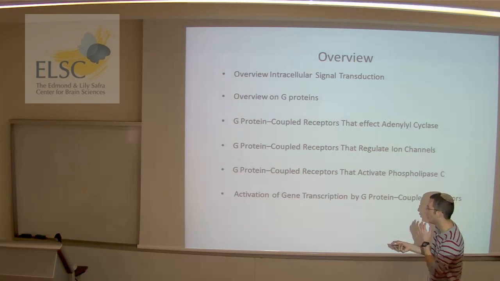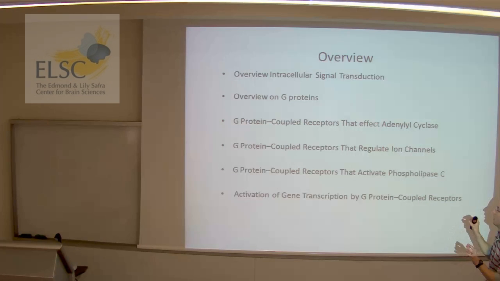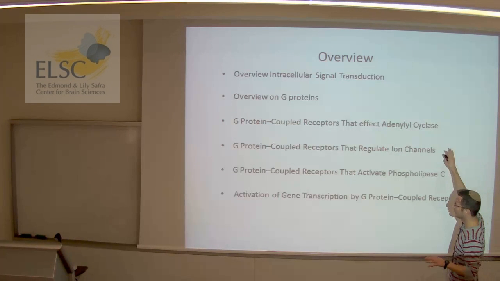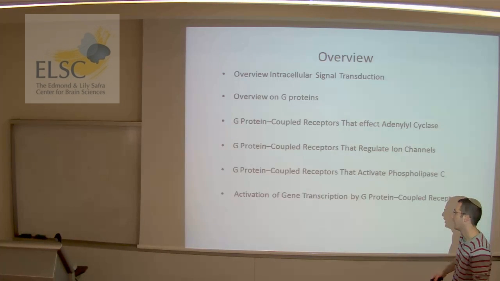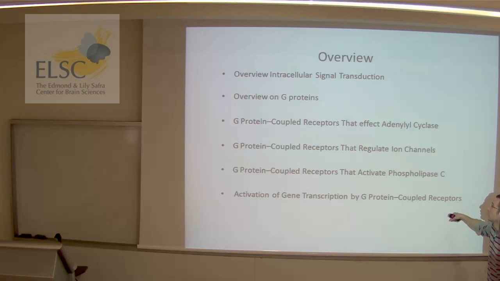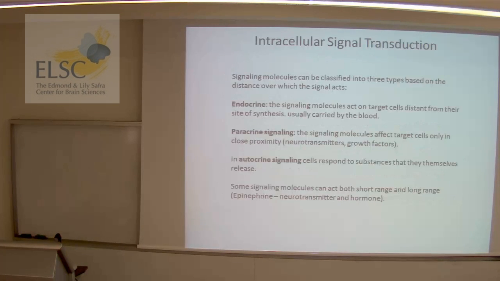We will end by making some order in the principles that we will collect along these points. In the last point, activation of gene transcription by G protein coupled receptors, we will emphasize the principles of the mechanism of action of gene transcription induced by G protein coupled receptors. G protein coupled receptors are sometimes called GPCR, so I might say GPCR every once in a while. It means the same thing.